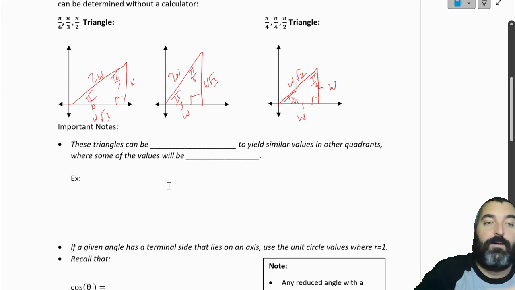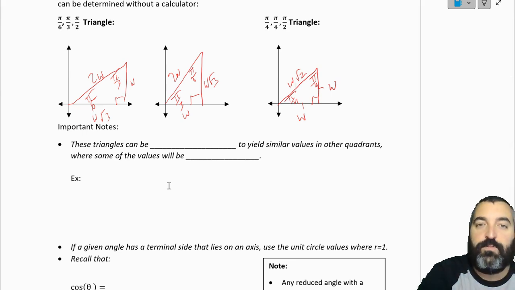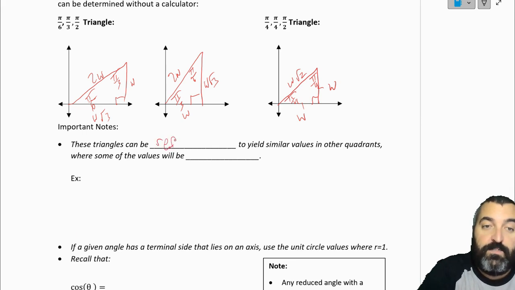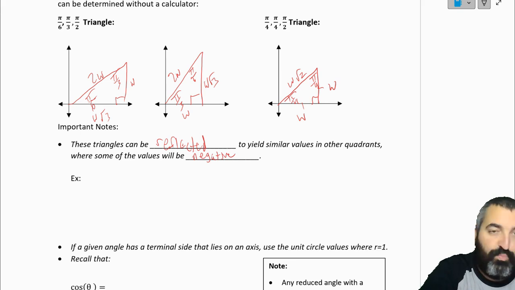You may be like, well, those were only in the first quadrant. Well, these triangles can be reflected to yield similar values in other quadrants where some of the values will be negative. So we'll just do the first one. I'm going to draw it in quadrant 1.